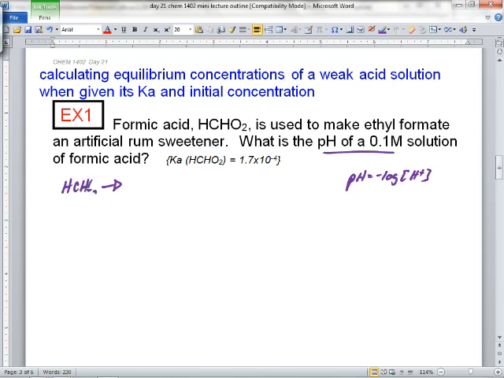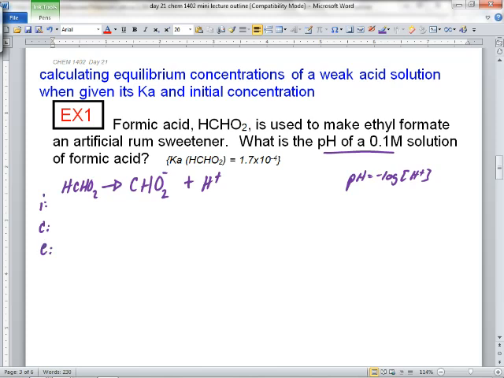HCHO2, good, goes to CHO2 with a negative 1. Then everybody, plus H plus, good. Okay, you have to do ICE on this.